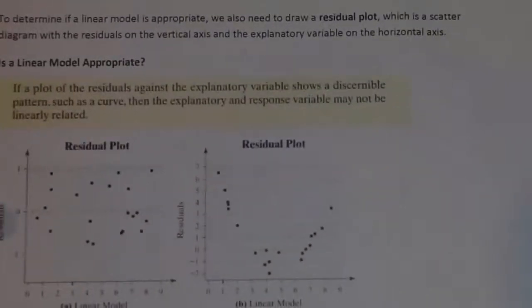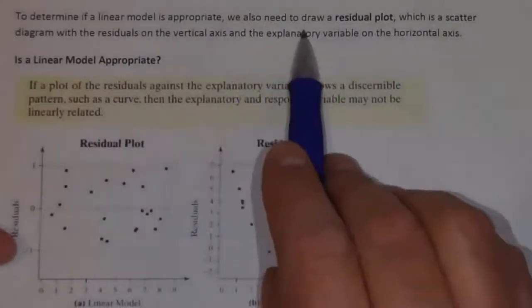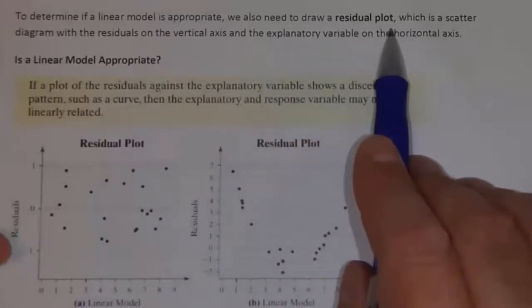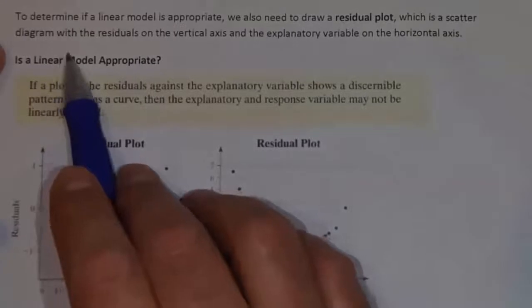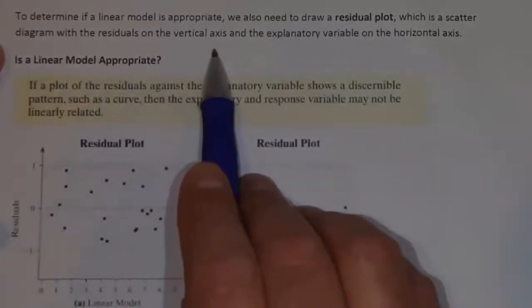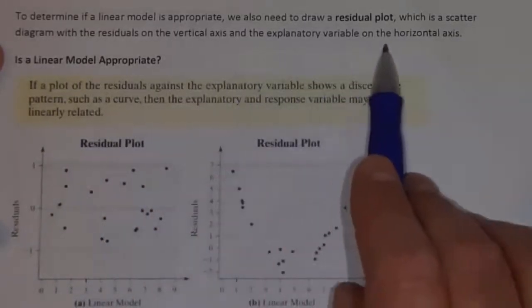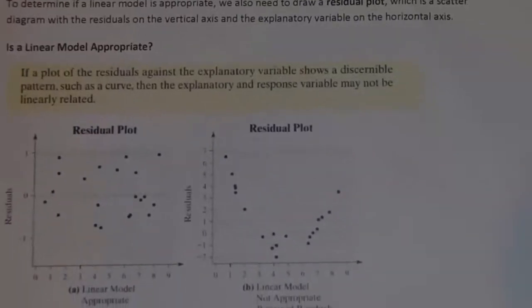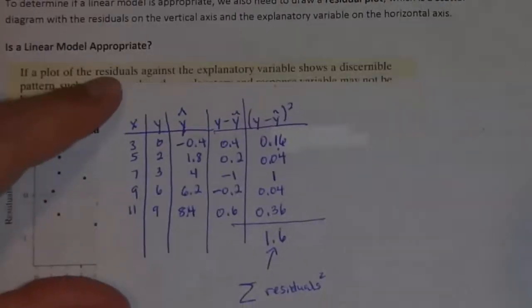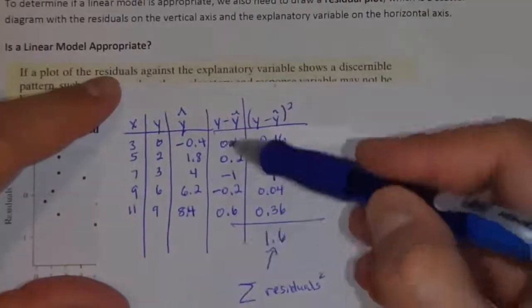To determine if a linear model is appropriate, we also need to draw a residual plot. Now, a residual plot is a scatter diagram with the residuals on the vertical axis and the explanatory variable on the horizontal axis. So in this problem, we found all of the residuals.